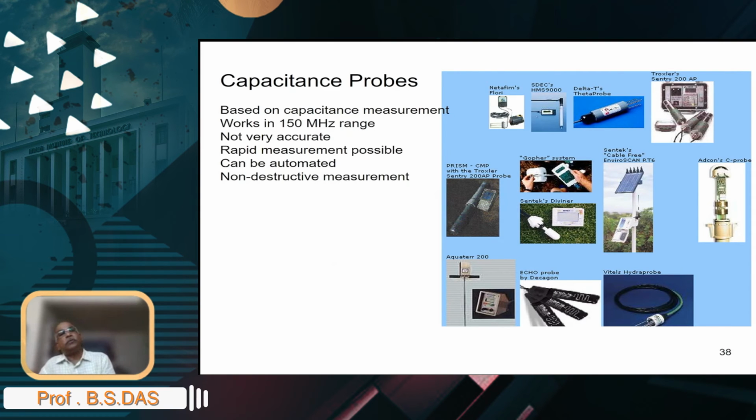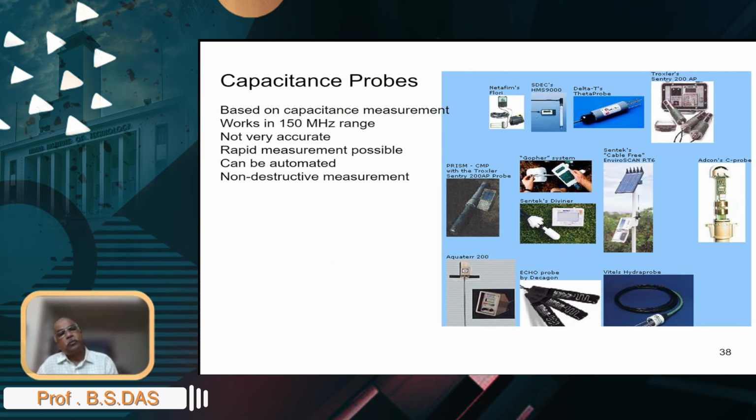These probes can be very inexpensive, but the issue, as you notice, is that at the megahertz level soil-specific calibrations are absolutely necessary. Therefore accuracy is a big problem with this, and the cost, of course, is a lot lower than time domain reflectometry.